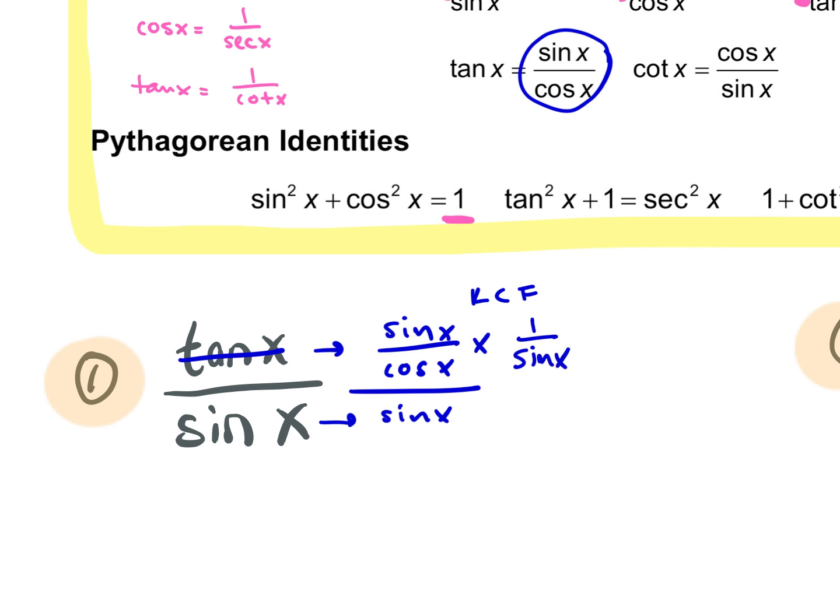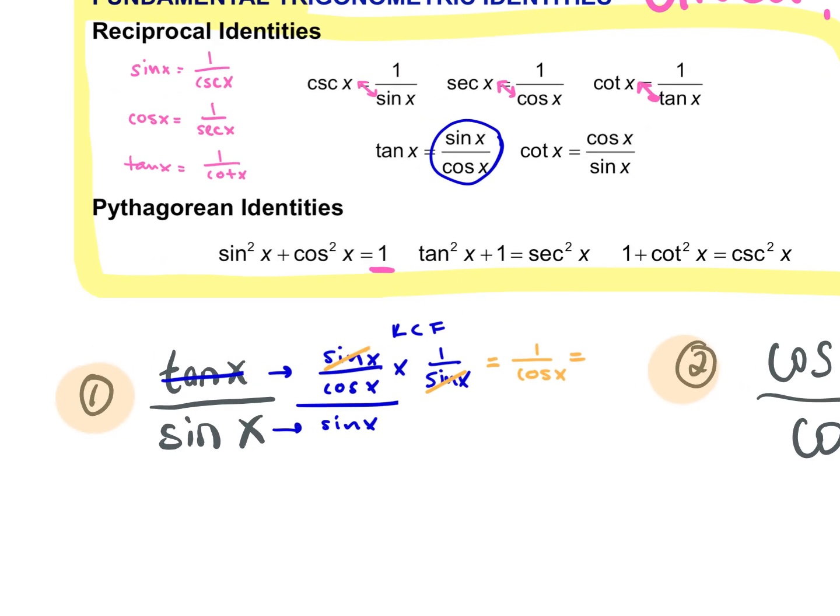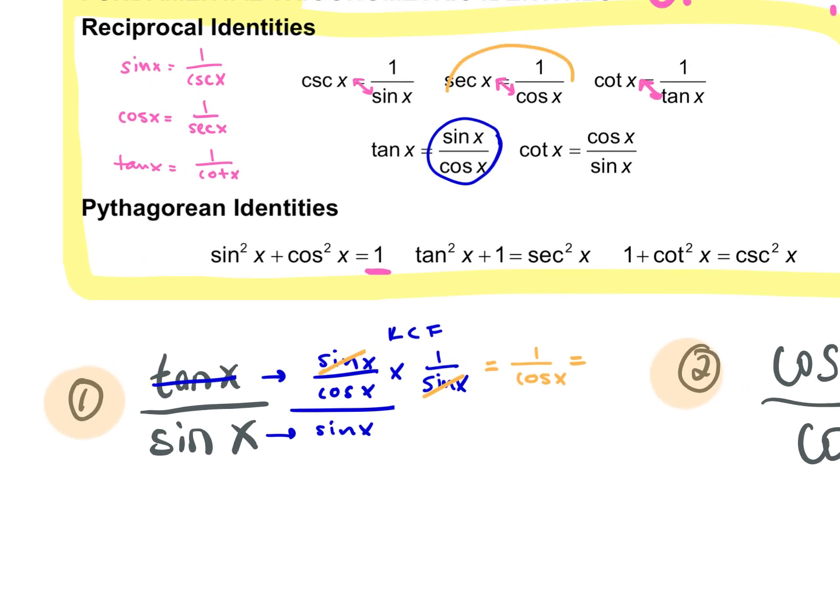Now, if we're multiplying, and we have the same thing on the top and the bottom, they can cancel. So we can cancel out the sines. So what are we left with? 1 over cosine. And what does 1 over cosine equal? Secant. So our answer would just be secant.